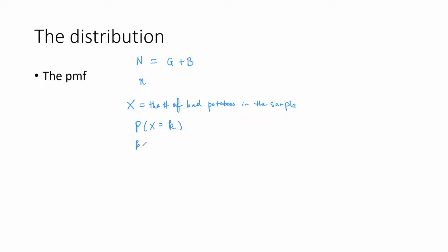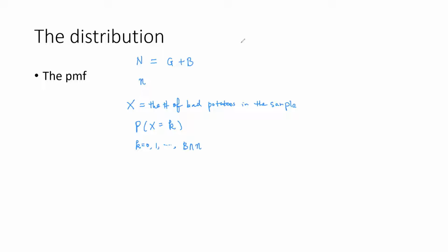And k runs from 0, since it's possible you have no bad potatoes, and it could be 1 and so forth. The last number should be the smaller of capital B and little n.